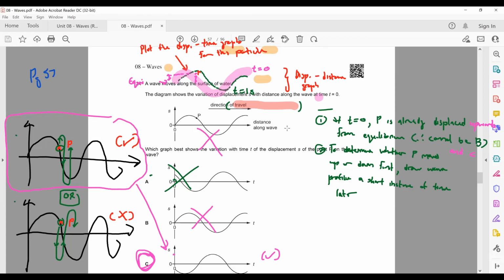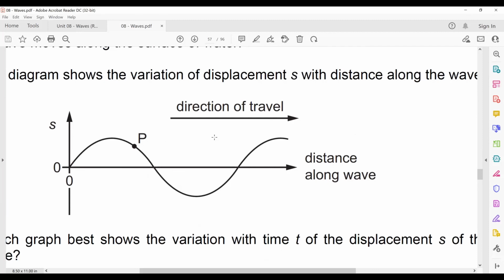Yeah, if you draw it a bit too far, you will change it a lot. Wait, let me just clear up the diagram here. Okay, you're asking this one, right? If you draw it too far, you should not be drawing it too far away. Just now when I drew it a short distance away, something like this, it will clearly show you that your particle is moving up.